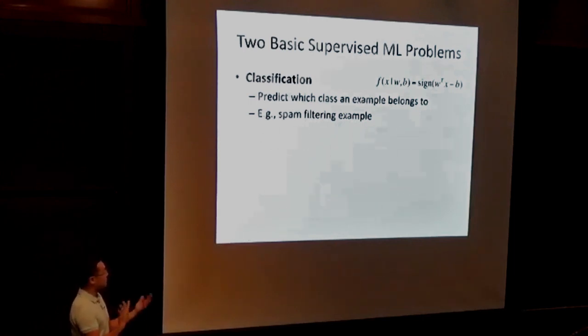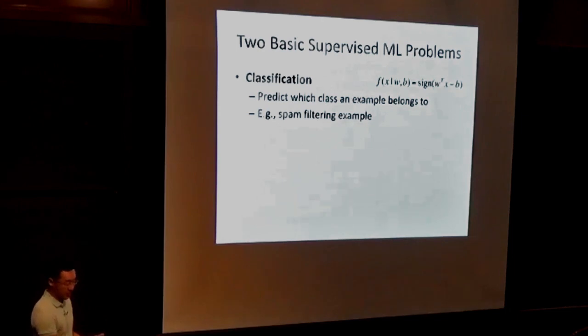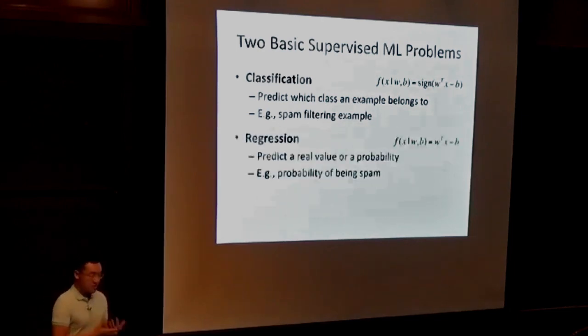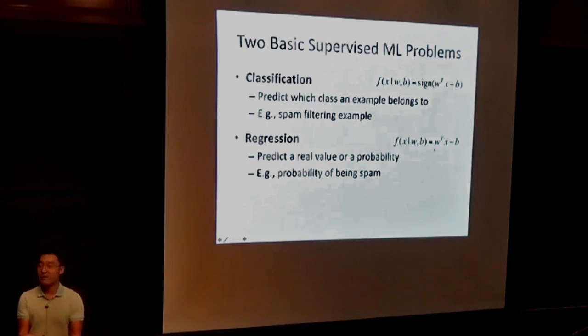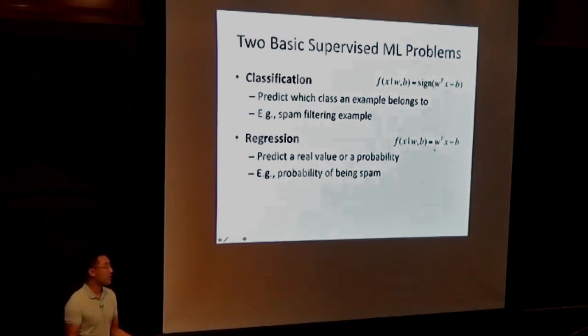If it's above, then you predict the positive class. If it's below, you predict the negative class. The other type of supervised learning is called regression, where the goal is to predict a real value rather than a category. In which case, the simplest thing to do is just not have the sign. So all we're doing is taking away the sign in classification. We just don't have that. We're literally just returning the raw score of the linear model, and we use that for regression.